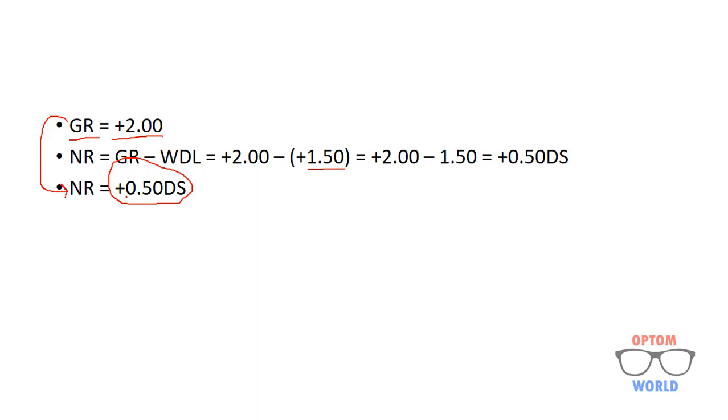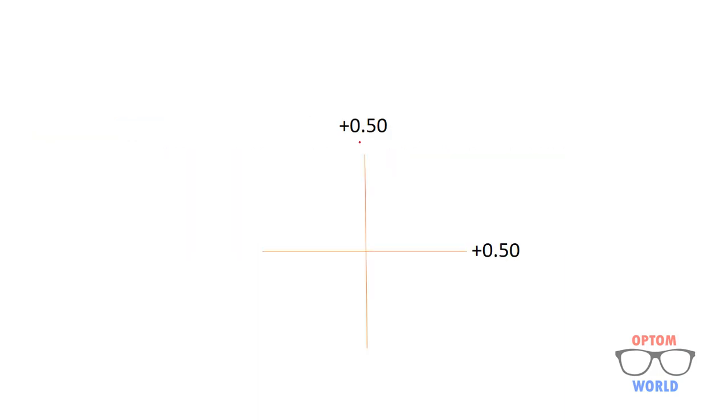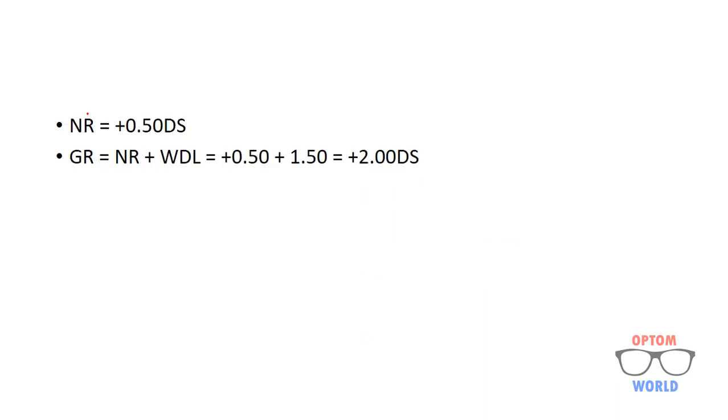Now consider this net retinoscopic value, and we will use this to convert it into gross retinoscopic value. This is the net retinoscopic value of the above case. Now we will convert it into gross retinoscopic value. To convert net retinoscopic value into the gross retinoscopic value, we use the formula gross retinoscopic value is equal to net retinoscopic value plus working distance lens.